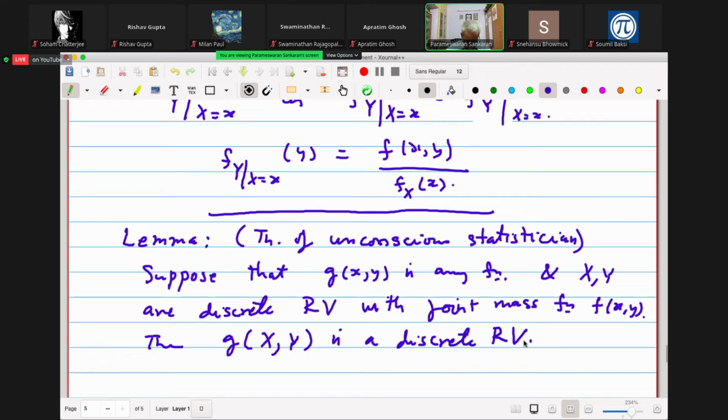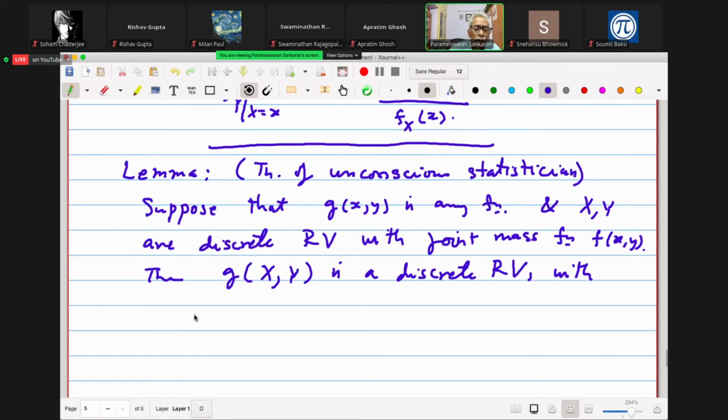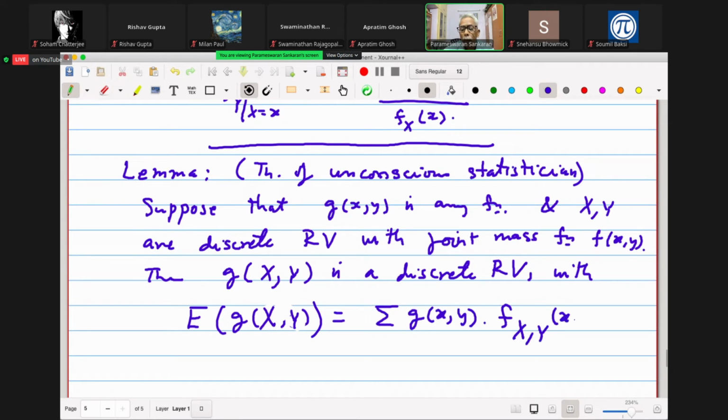And what is its expectation? The expectation of g of capital X, capital Y is equal to the summation of g(x,y) f_XY(x,y). You sum over x and y. That's it.